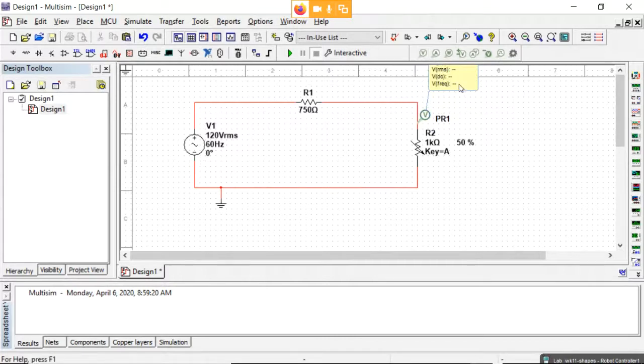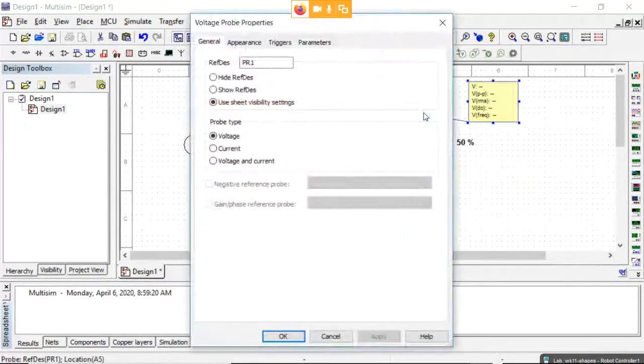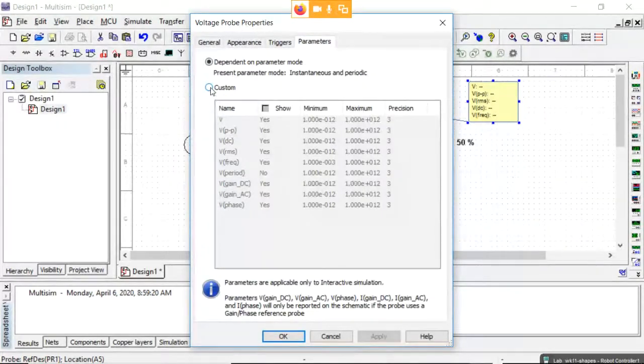What you notice with these probes is they actually show you a voltage peak to peak, a voltage RMS, and so on. If you double click on that and come over to parameters, you can get it to show you the phase angle. So we want peak to peak.